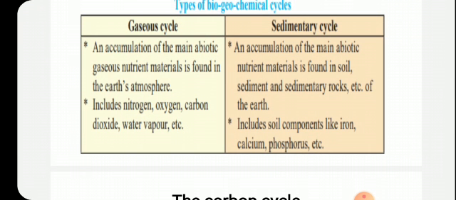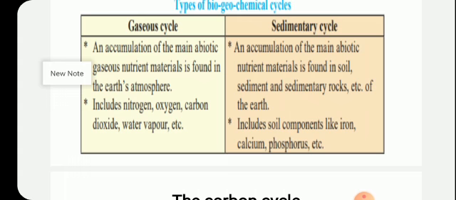But the carbon which is present in the animals, when these animals die, the decomposition takes a longer time. You know, sedimentation of the plants, when plants fall down in the forest, conversion into coal is a long process. From that we can say that the sedimentary cycle is a very slow cycle.